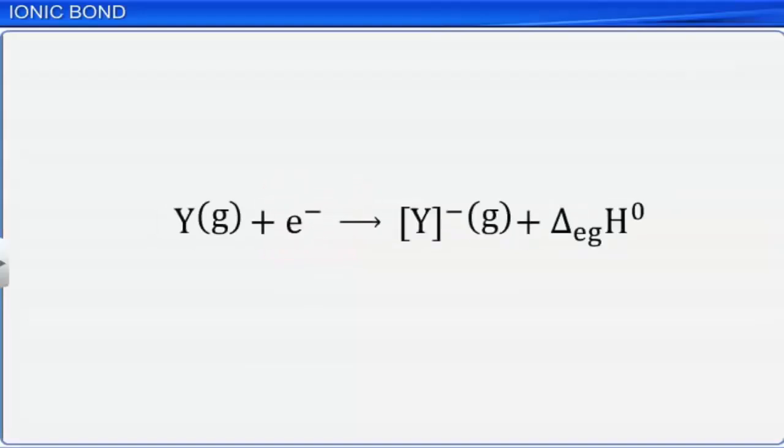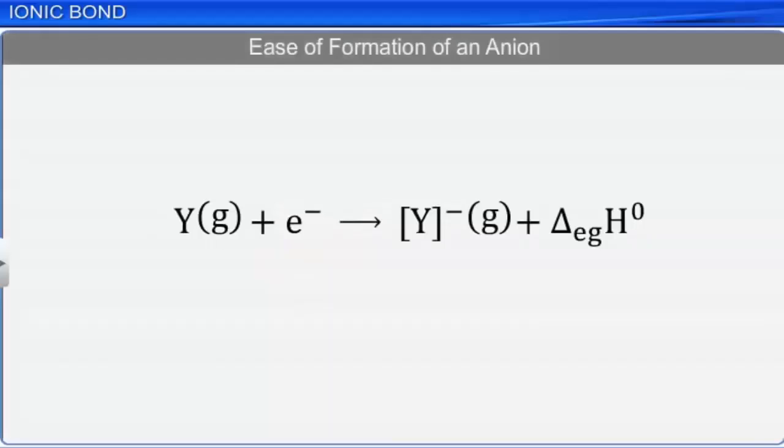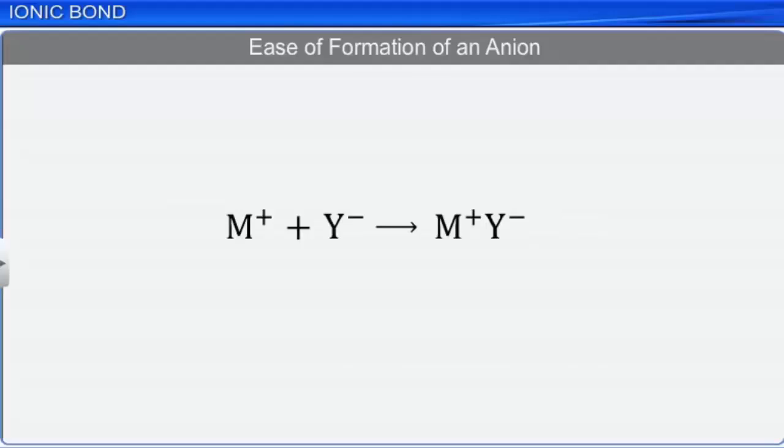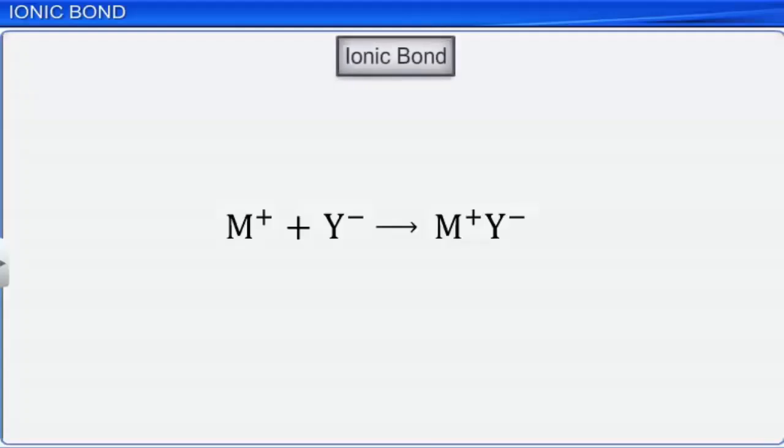Similarly, the ease of formation of an anion depends on the magnitude of the electron gain enthalpy. More negative is the electron gain enthalpy, greater is the ease of formation of the anion. Hence, we can conclude that lower the ionization enthalpy and higher the negative value of electron gain enthalpy, greater is the ease of formation of an ionic bond.